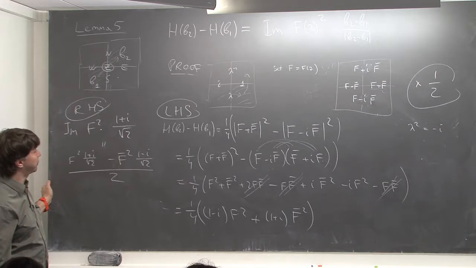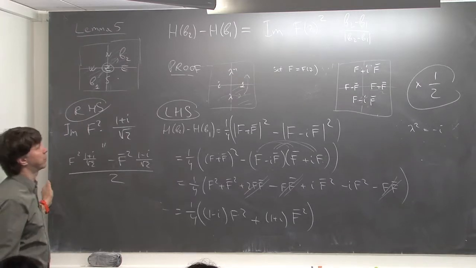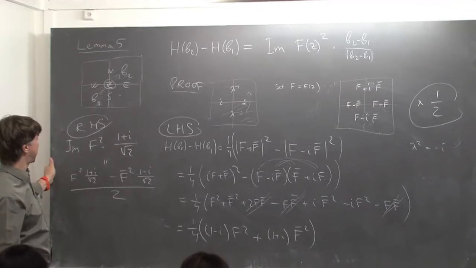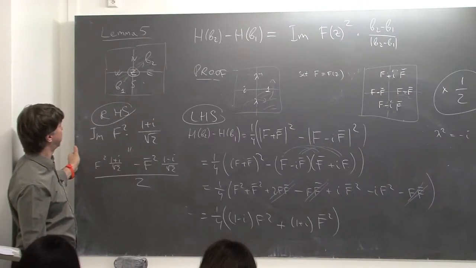Yeah, I think I got everything rotated by 90 degrees. Let me think. It's the imaginary part, b2 minus b1.